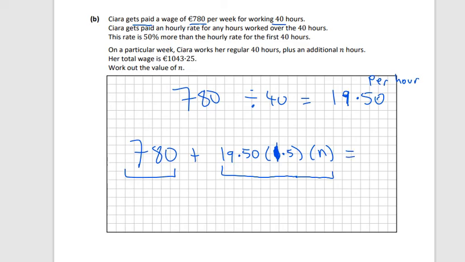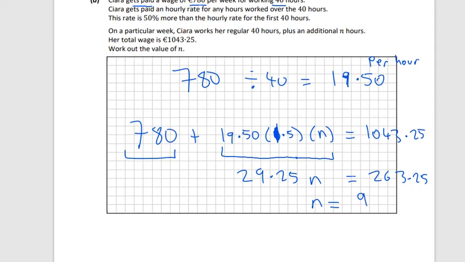And that has to be equal to what she gets in the end. So 1043.25, and that's 29.25 N. N is equal to, bring across the 780, that's 263.25. And then N is equal to, we bring across 29.25 and divide it, and we get N is equal to 9.